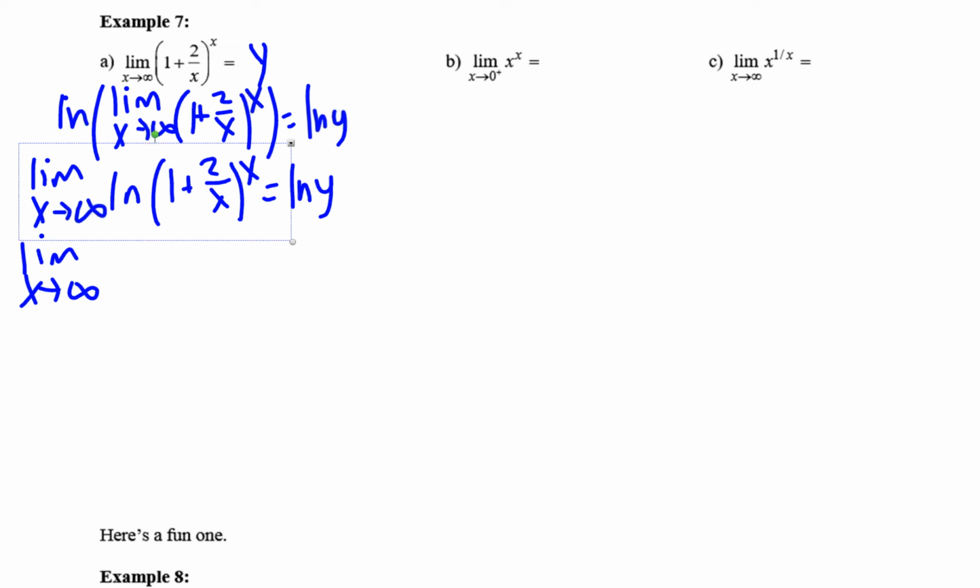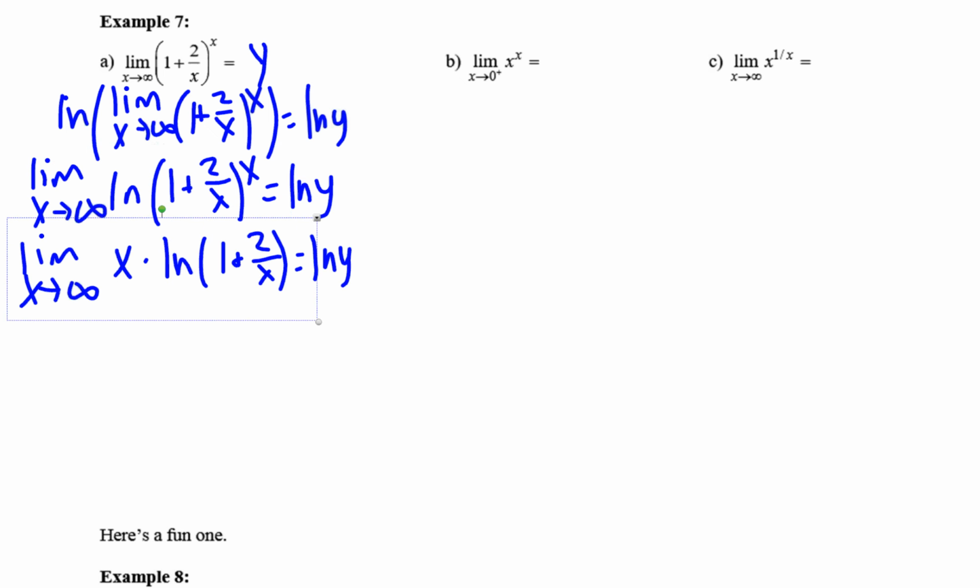I can move that x to the front. Don't lose that ln of y. Now if I try plugging it in, I get infinity times 0, which is good. Let's make it look like a fraction so we can try to use L'Hopital. What do you want to move to the bottom, the x or the log? I think the x is a lot easier to move, so I'm going to move that, x to the -1.